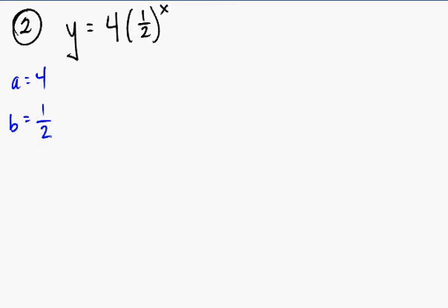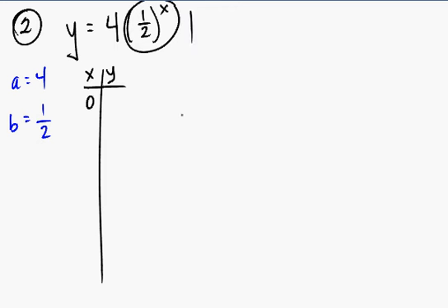Every time you multiply by a half, stuff gets half as big, right? So let's see what this would look like on a little table. When x is 0, y is... If x was 0, this whole thing would be 1, right? Anything to the power of 0 is 1. So 4 times 1 is 4. Right?